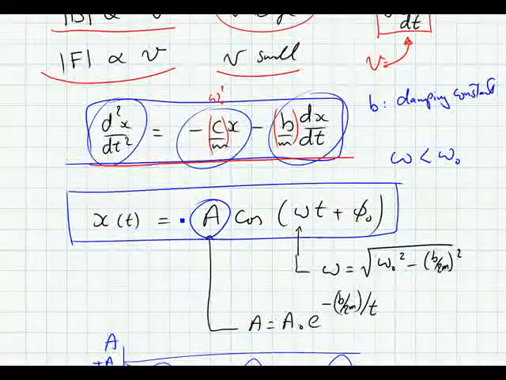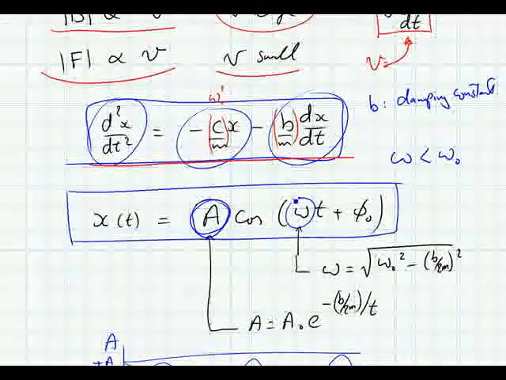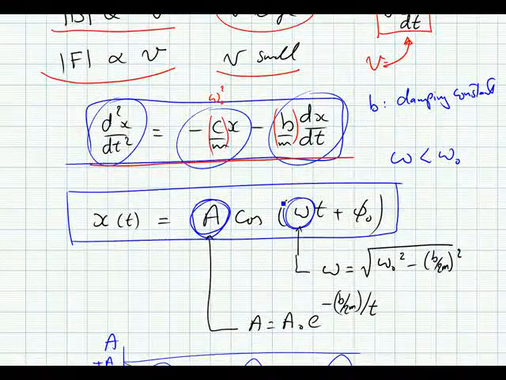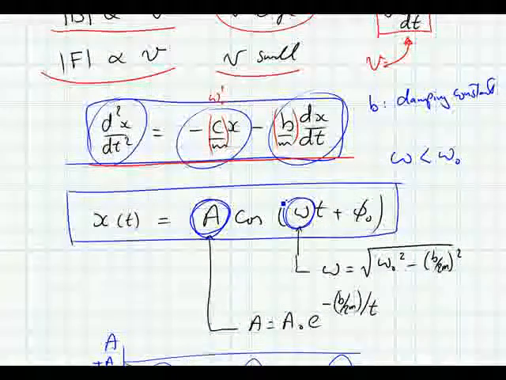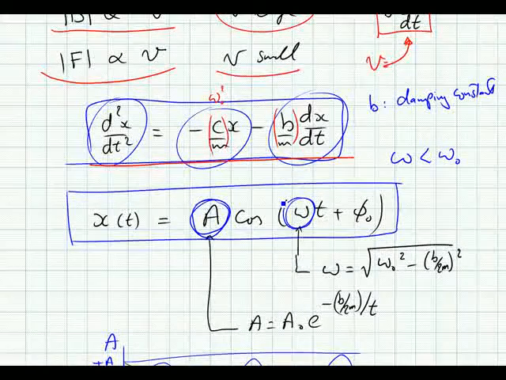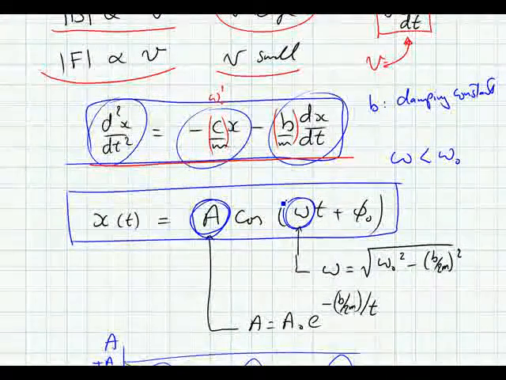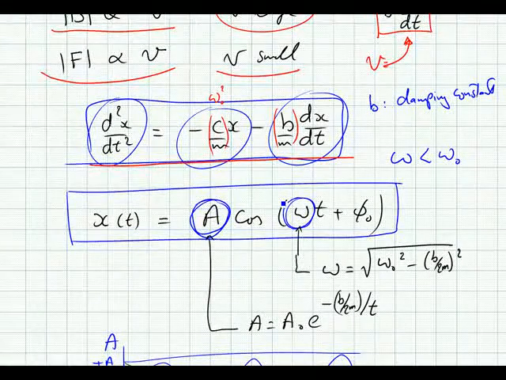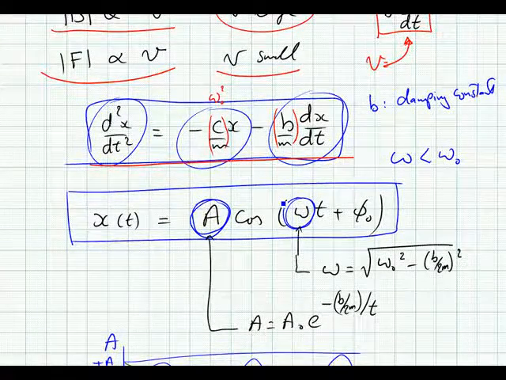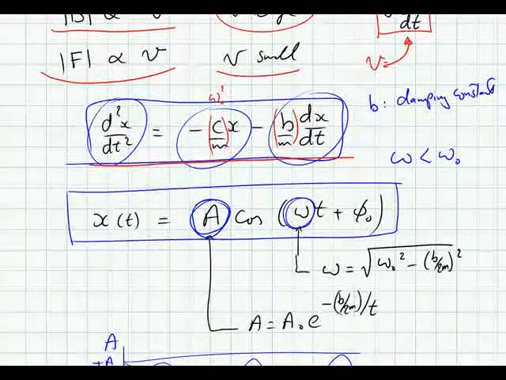However, both A and ω, where A is the amplitude of oscillation and ω is the frequency of oscillation, are not constants anymore. In the case of no air resistance, A and ω were simply constants. The amplitude of oscillation remained constant, and ω was the frequency of oscillation.